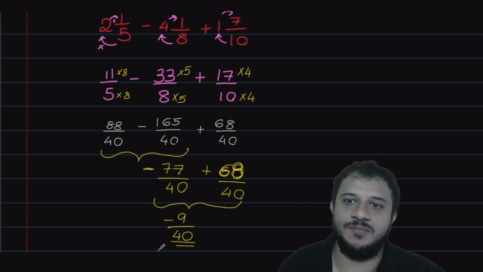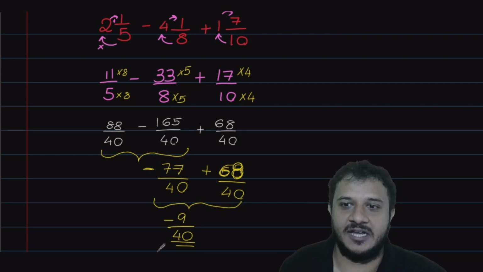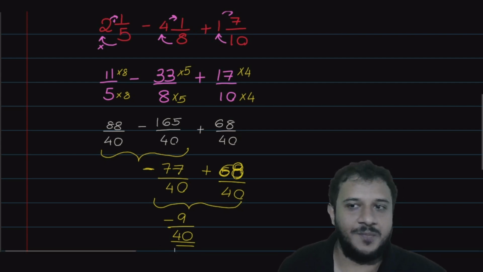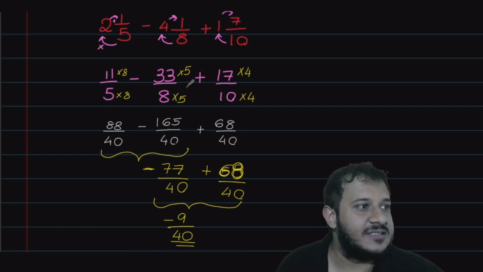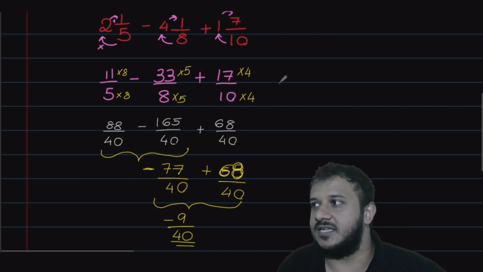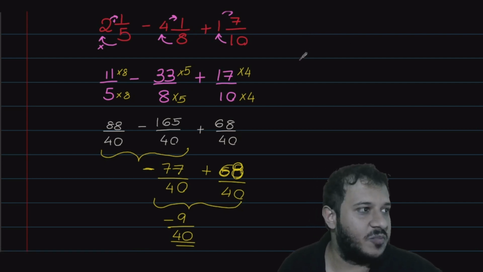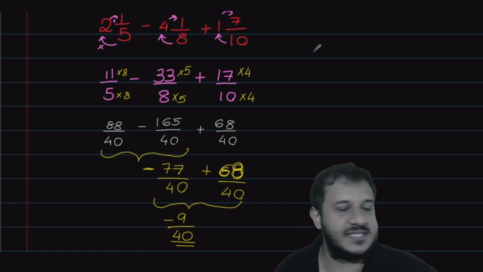Did that make sense? Anybody who didn't understand how to do this? Did everybody understand it? Maybe most of you got a little stuck there. Maybe I will give you one more question just to ensure that we understand everything.